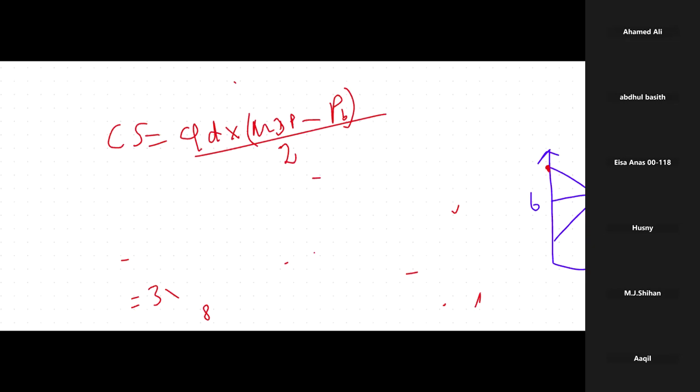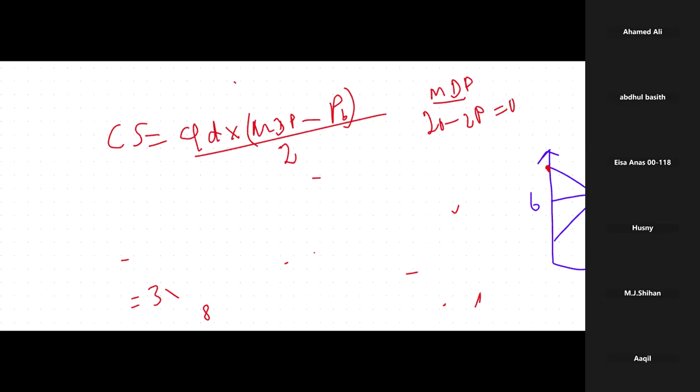Maximum demand price, when we calculate, we must put the QD function as 0. What is our QD function? 20 minus 2p. So for maximum demand price, 20 minus 2p is equal to 0.